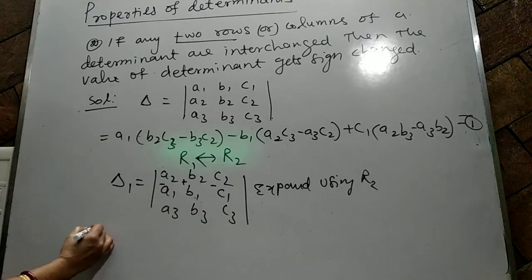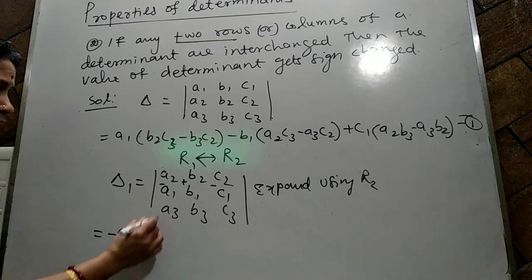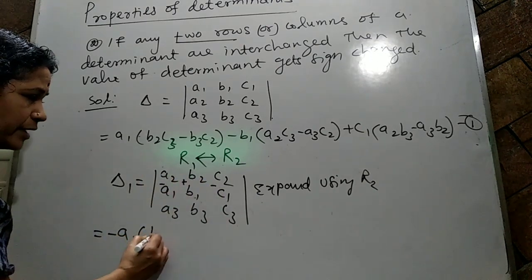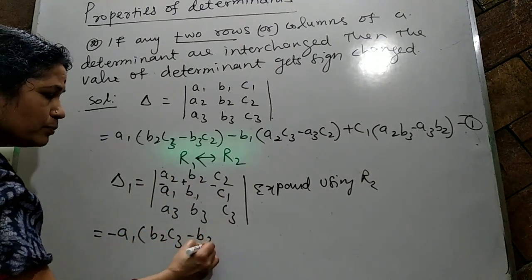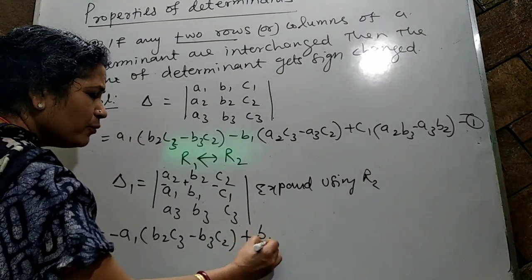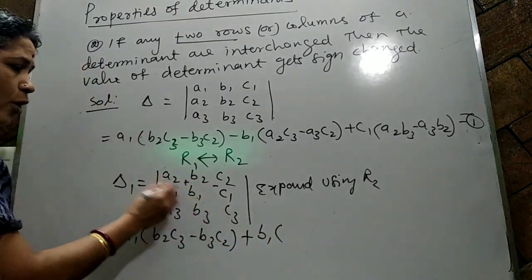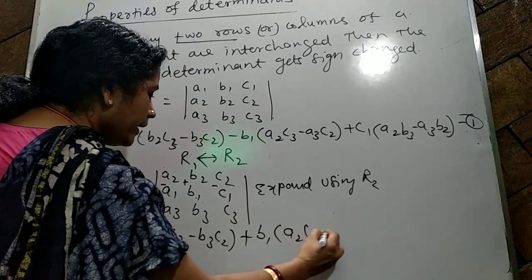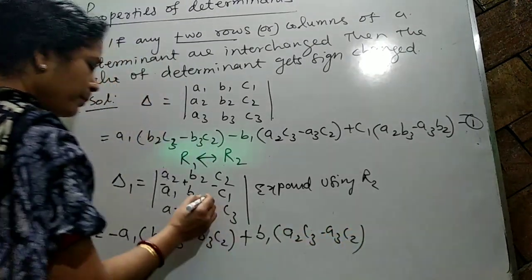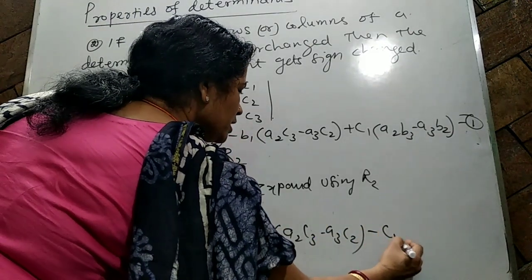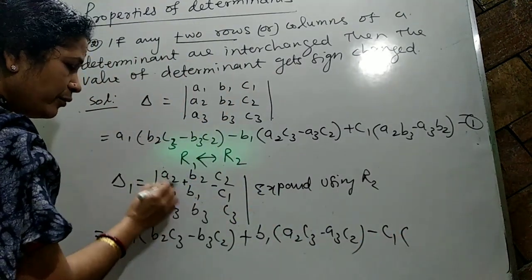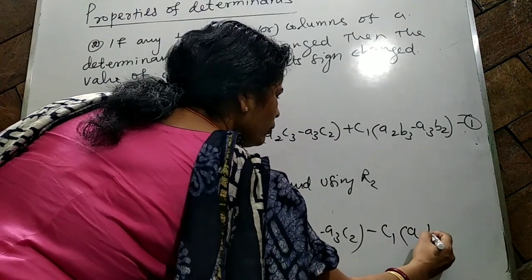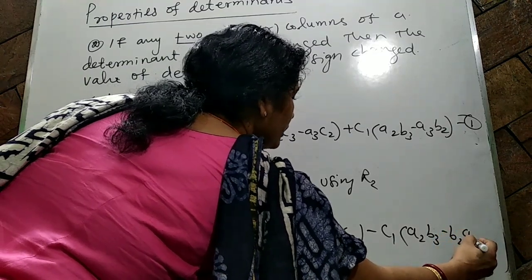Now if I open this, minus A1 into delete corresponding row column, we will get B2C3 minus B3C2, and then plus B1 into A2C3 minus A3C2, and then minus C1 into A2B3 minus B2A3.